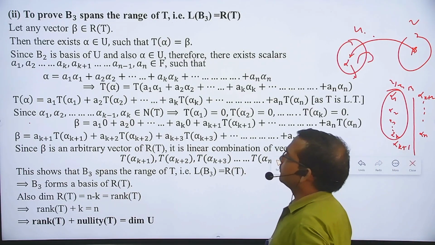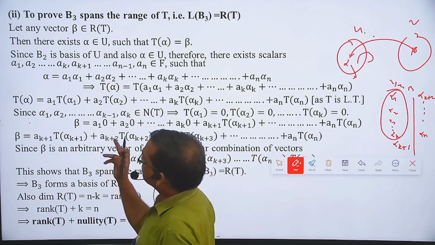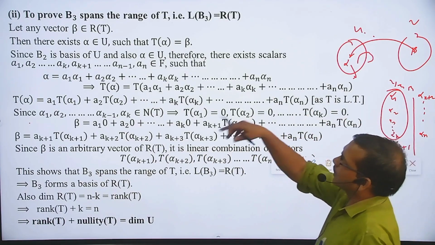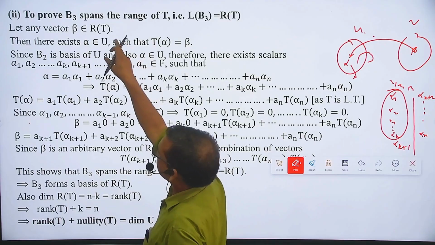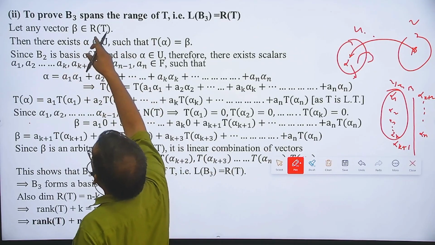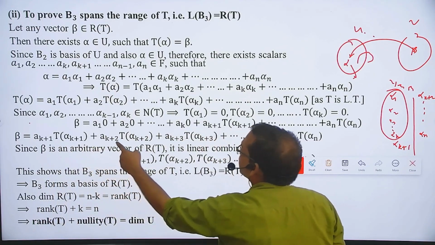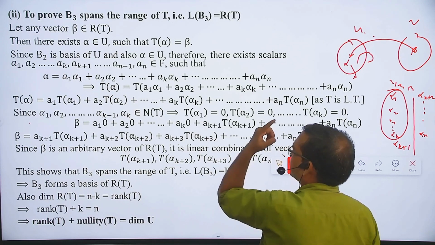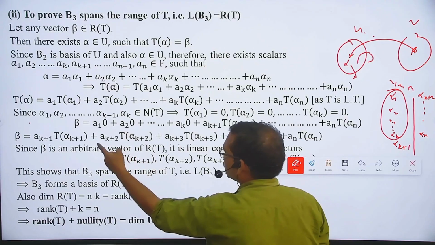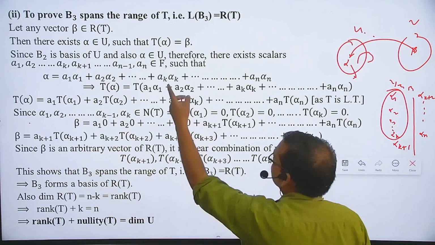Since we have supposed that beta is any vector of the range space, any vector of the range space can be written as a linear combination of these image vectors. So these image vectors generate each element of the range space.